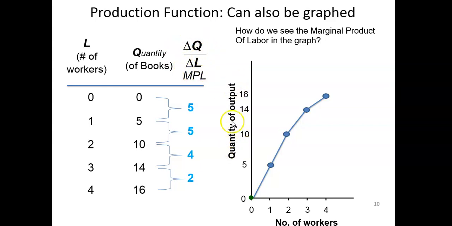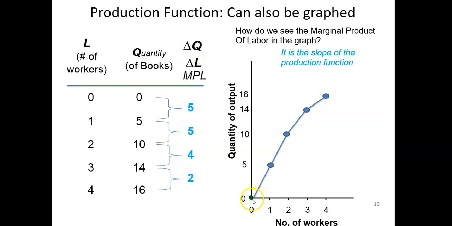So the change in quantity, the change in the vertical axis, divided by the change in workers, the change in the horizontal axis, change in y divided by change in x. Hopefully this is starting to sound familiar. Rise over run, it's the slope, right? So the slope of the production function is the marginal product of labor, right?